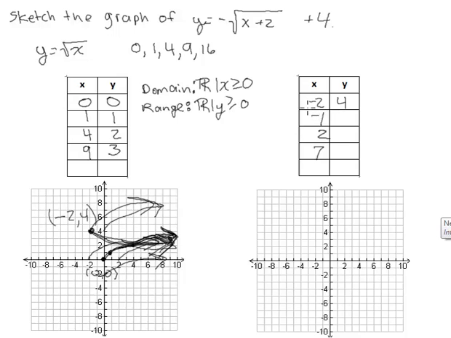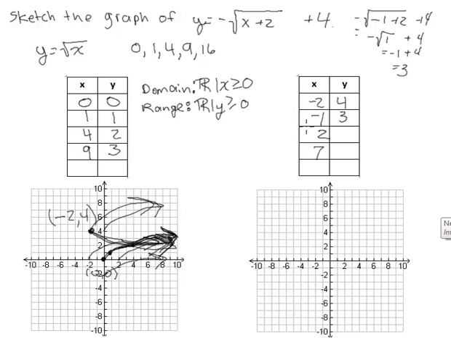Okay, now I'm going to take this number and plug it in here to see what I get. So when I plug in -1, I get negative square root of -1 plus 2, plus 4. This gives me the negative square root of 1, plus 4, or -1 plus 4, which is 3.